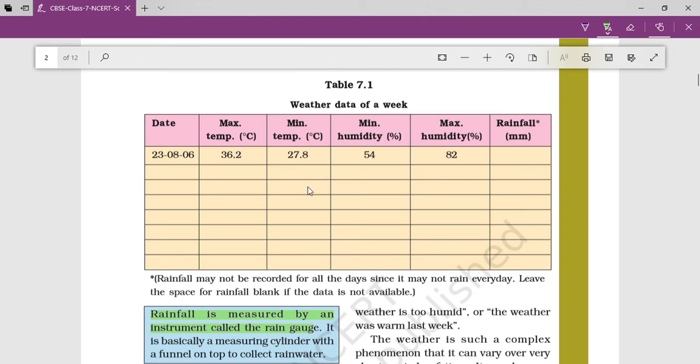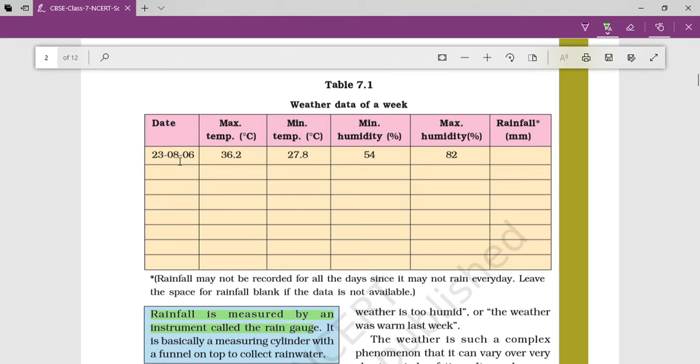Now here is this table 7.1, in which different rows and columns are shown, in which the date, maximum temperature, minimum humidity, maximum humidity, rainfall column is shown. One example is also given, so you can fill the various days' record in this table.